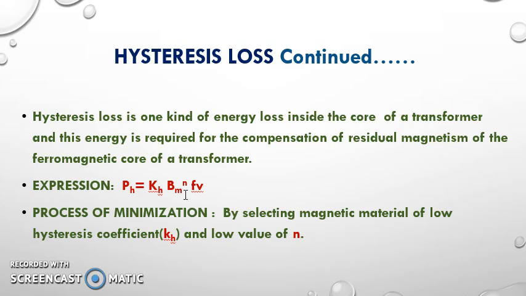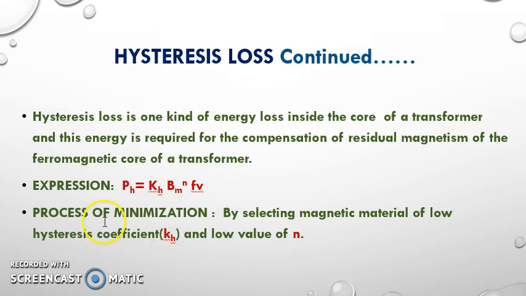So whenever I am supplying a voltage into the transformer, usually this is of constant voltage magnitude and constant frequency. So my Bm value and F value should be taken as constant, and KH and n are constants which are dependent on the selection of magnetic material, and V is the volume of the core. So this is ultimately the expression of the hysteresis loss.